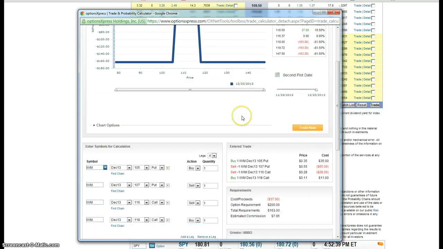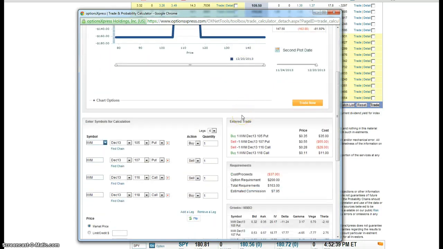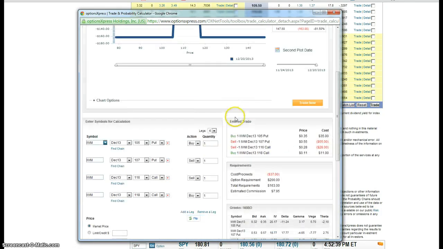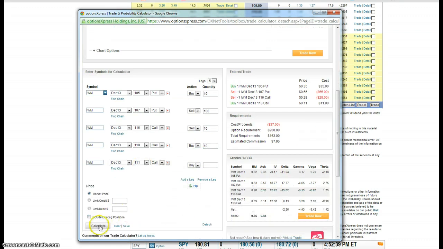Now, depending on your level of how aggressive you want to be on this trade, if one were to do 10 contracts, and we were just looking at the market price there, oops, that was 100.